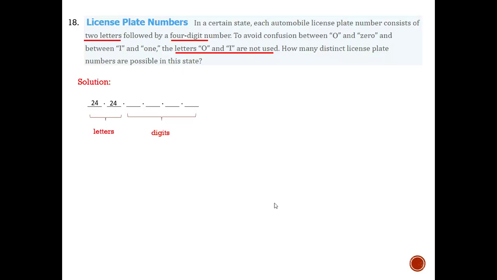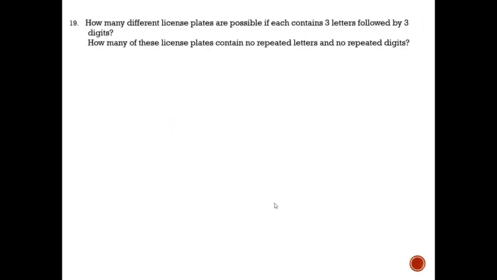And how many digits are there? Well, 0 through 9, there's 10 digits, okay? So we have times 10, times 10, times 10, and times 10 for all our options. Multiply all of this out. 24 times 24 times 10 times 10 times 10 times 10. You should get 5,760,000 for this one, okay?